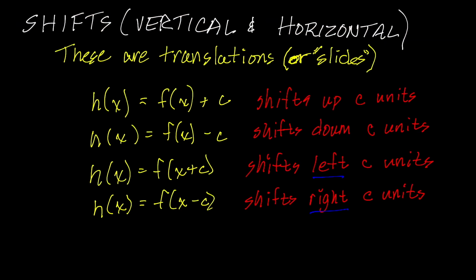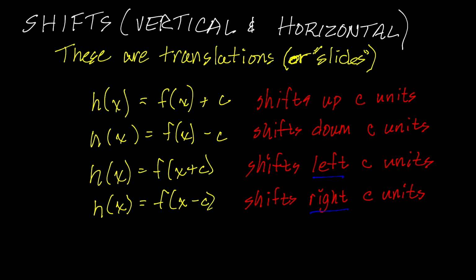First things first, we're talking about translations. That means we're sliding a picture around the graph. In pre-calculus, we call these shifts. We have vertical shifts and horizontal shifts. Here's the way it looks algebraically. If I have a function and I add something, call it c, that's going to shift up c units.